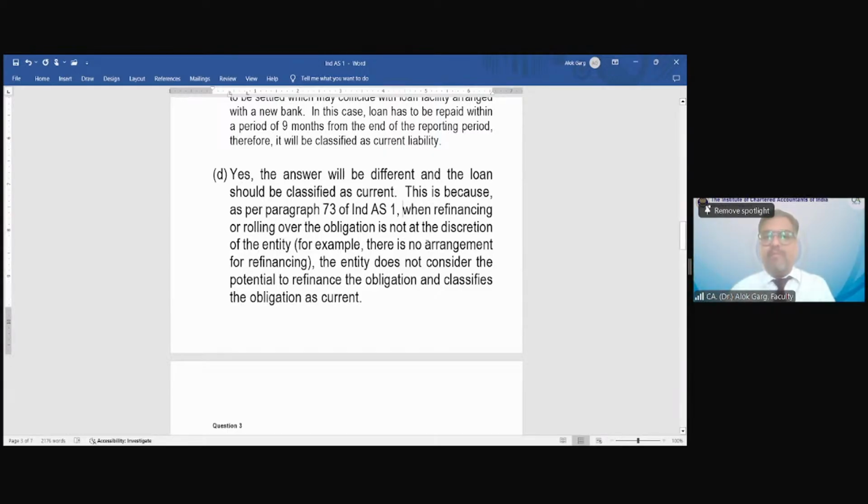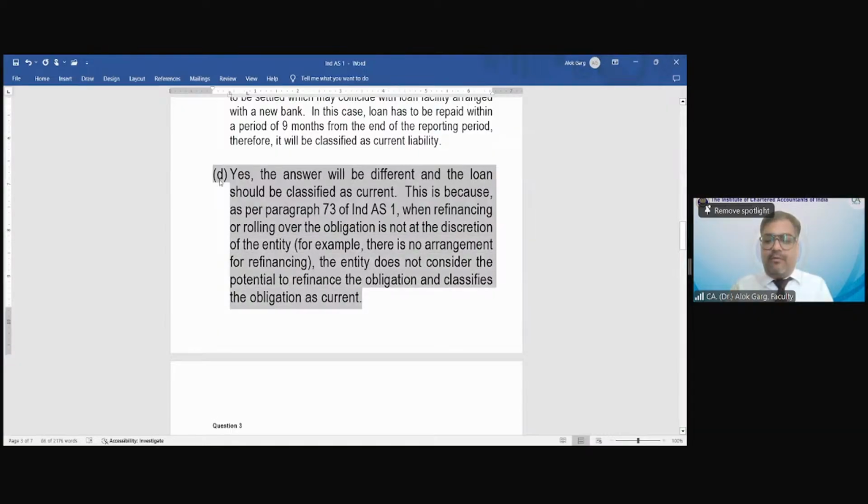This is because as per para 73 of Ind AS 1, refinancing or rolling over the obligation is not at the discretion of the entity. For example, there is no arrangement for refinancing. The entity does not consider the potential to refinance the obligation and classifies this obligation as a current liability. Okay. Is that clear?